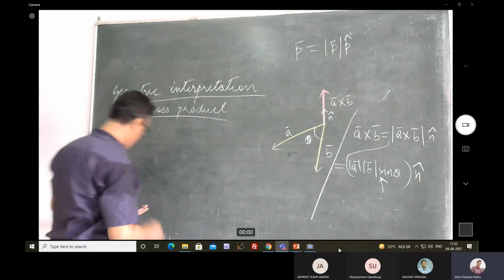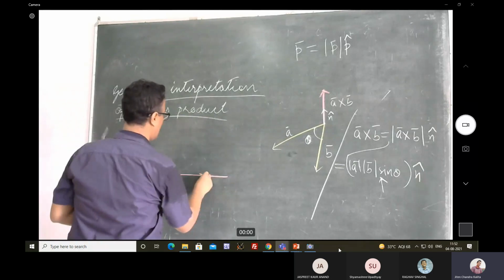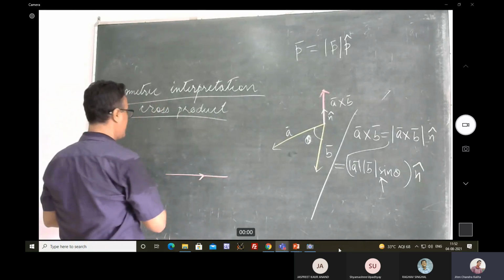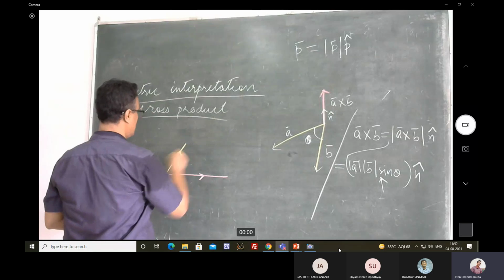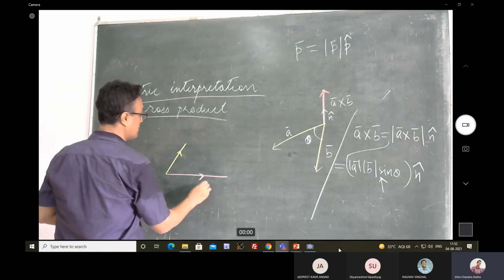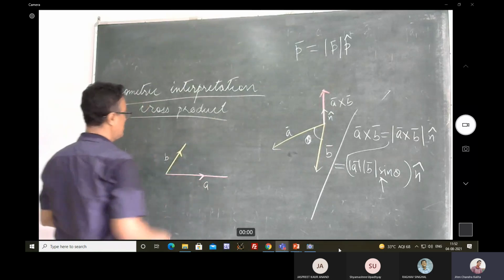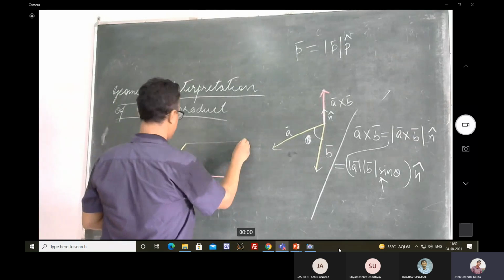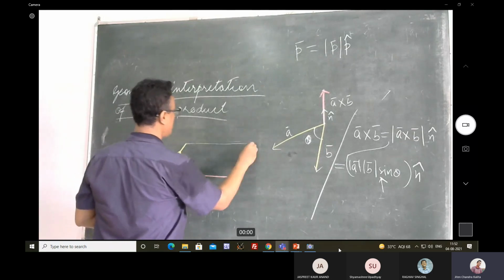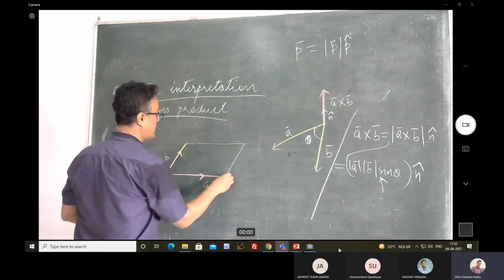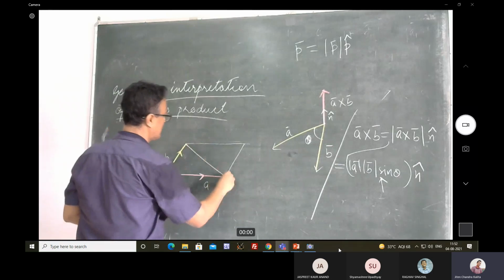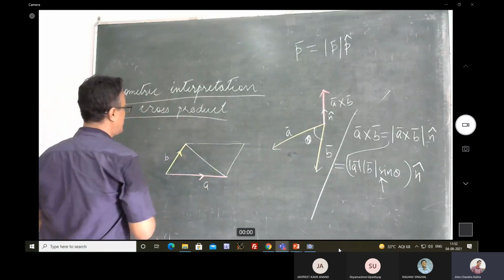Okay, fine. Suppose I consider this vector A, this vector B. This is A, this is B. Now let me complete the parallelogram.